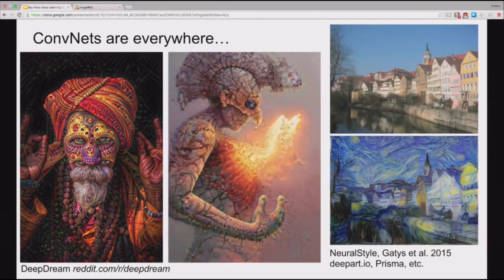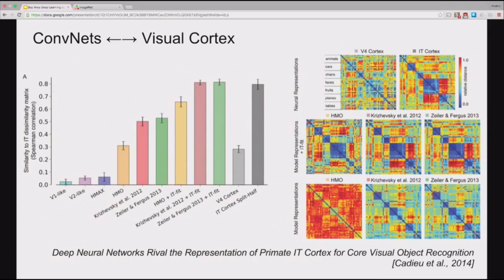The last thing I'd like to note that I find interesting is that in the process of trying to develop better computer vision architectures and optimize for performance on the ImageNet challenge, we've actually ended up converging to something that potentially might function something like your visual cortex in some ways. These are some of the experiments that I find interesting, where they've studied macaque monkeys, and they record from a subpopulation of the IT cortex.